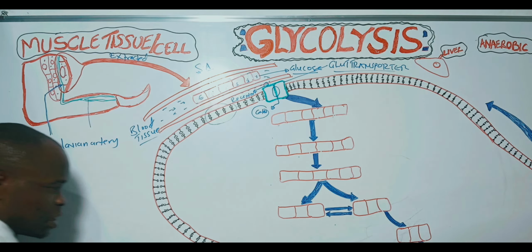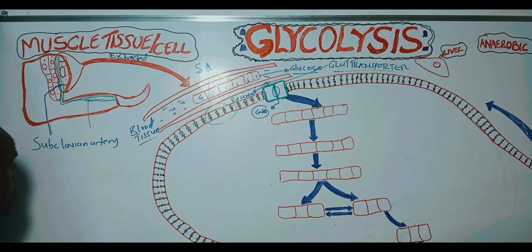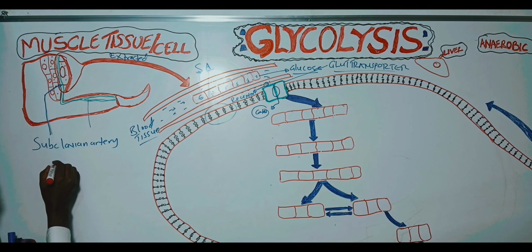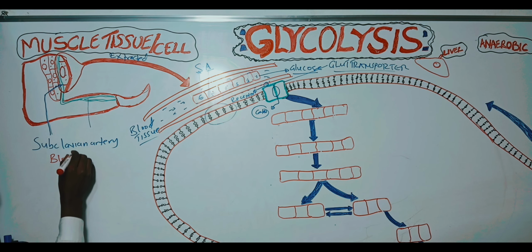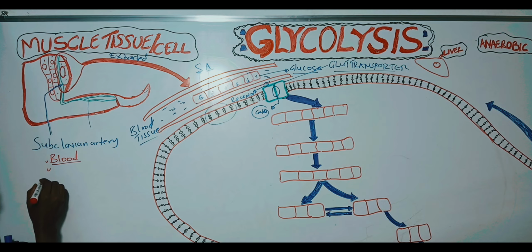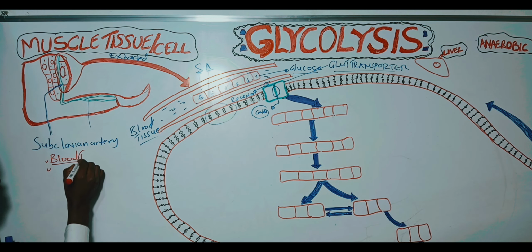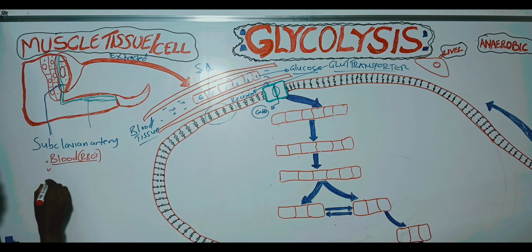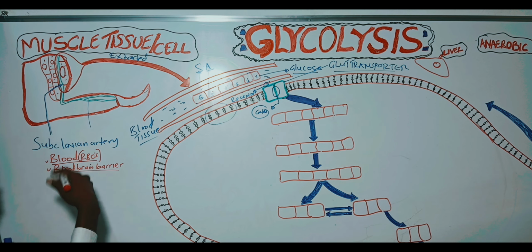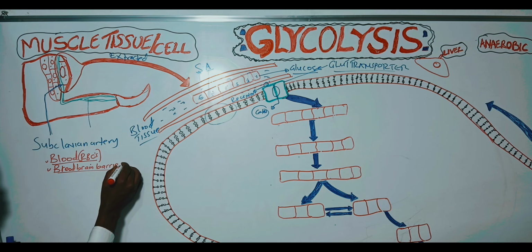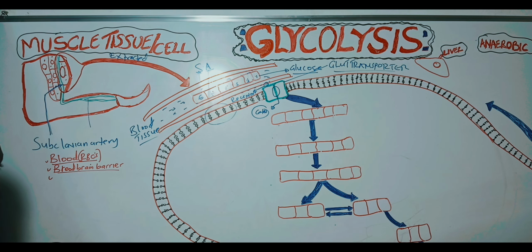We have the blood, the red blood cells, and then we have the blood brain barrier, that membrane which is separating the brain from the blood.